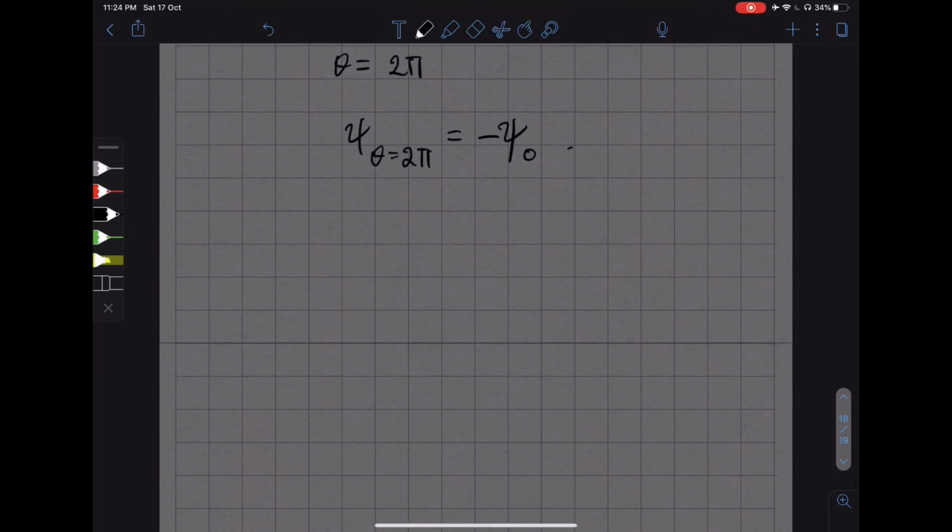So as we take a particle which has spin half and rotate it by 360 degrees, the wave function goes to minus itself. And this is very characteristic of a half integer spin particle.